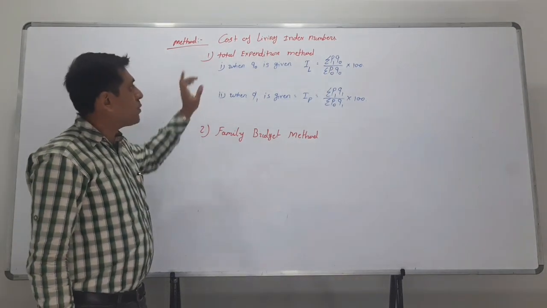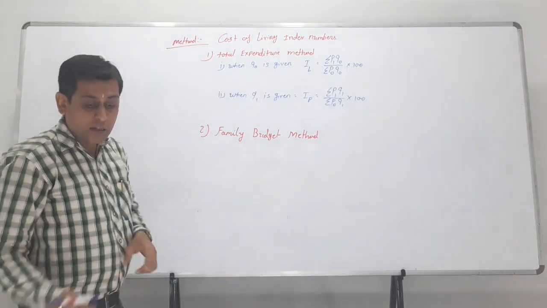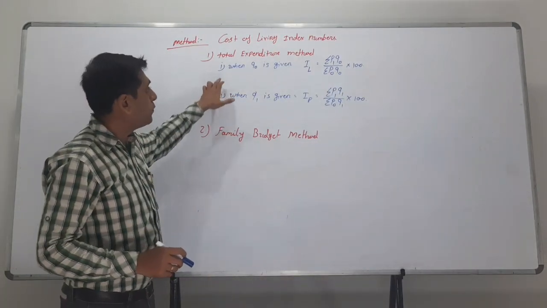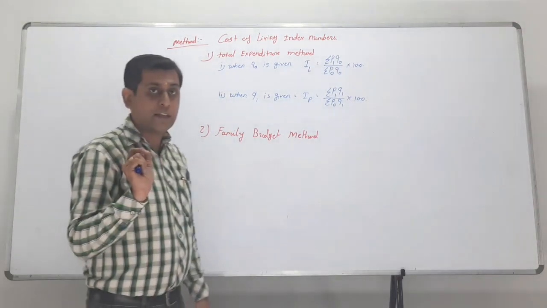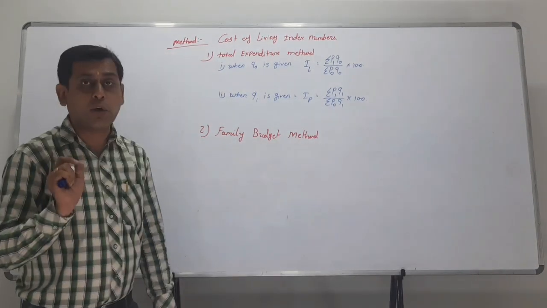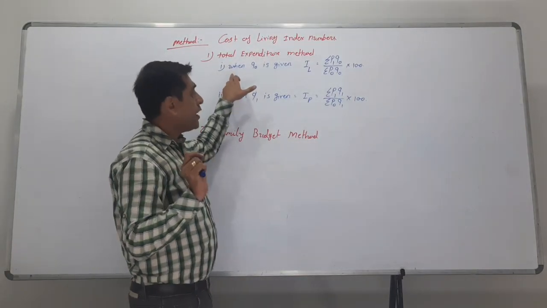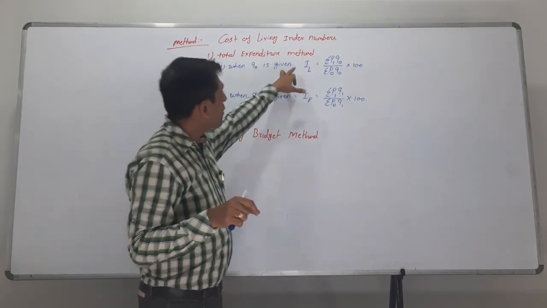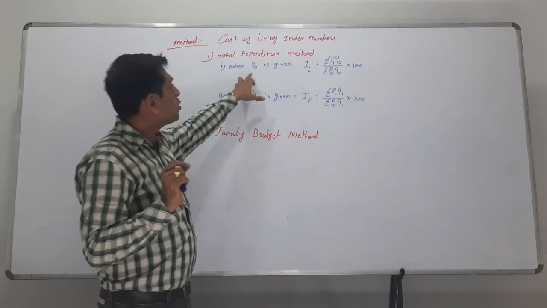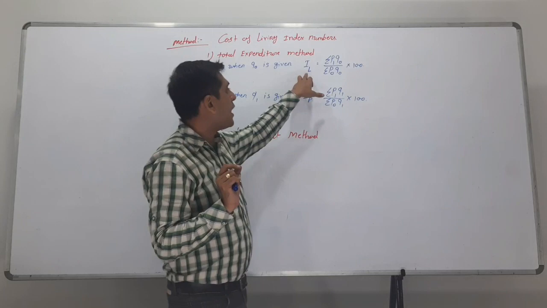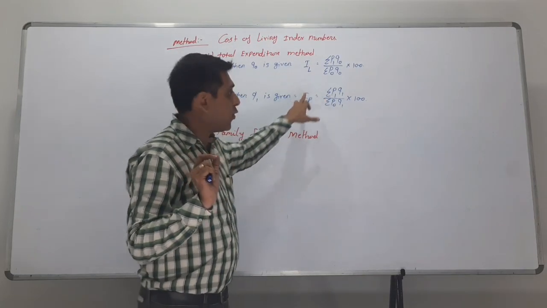If total expenditure method is given, then in the question there is no specification about these two. They only ask that we have to take the total expenditure method, right? But here we have to decide which formula we have to use. If Q0 is given, that is quantity of the base year is given, we have to take IL, that is Laspeyres formula.